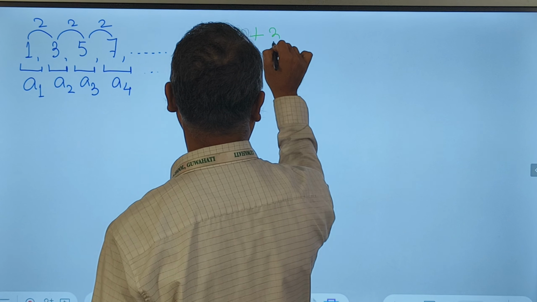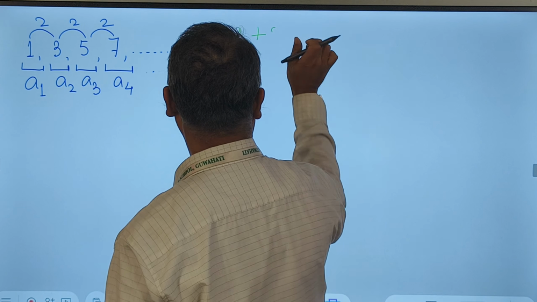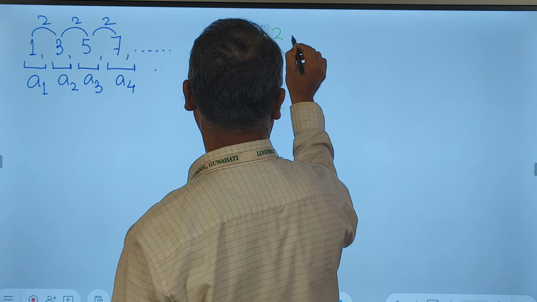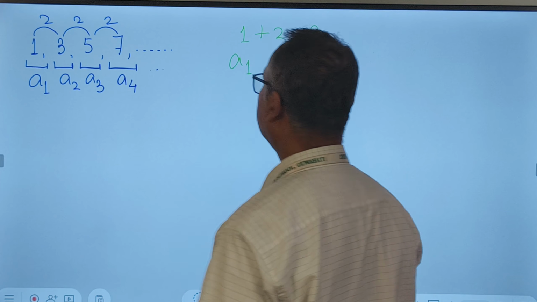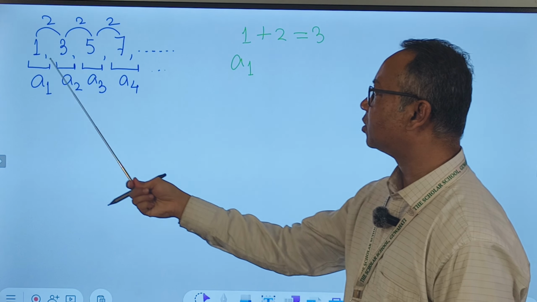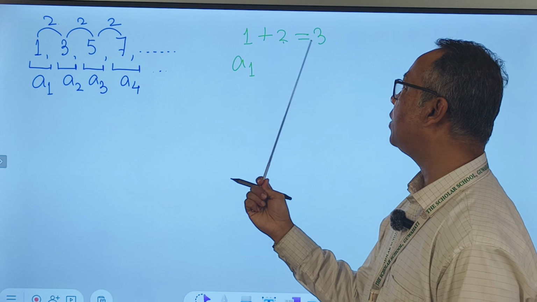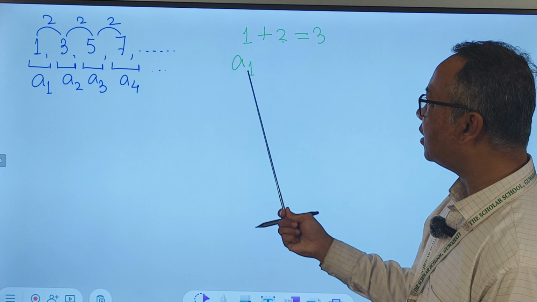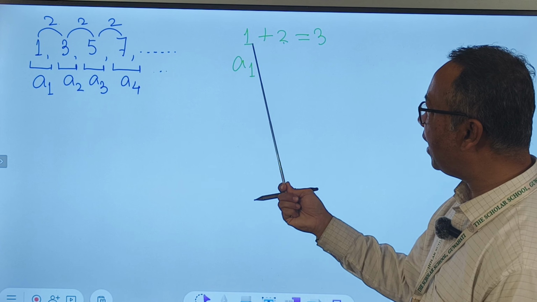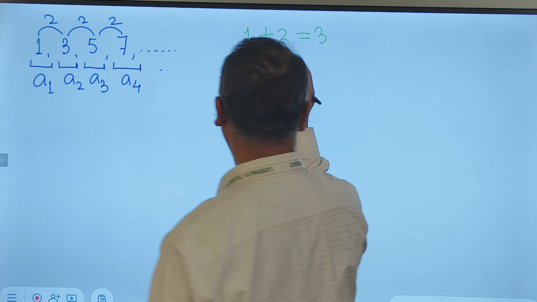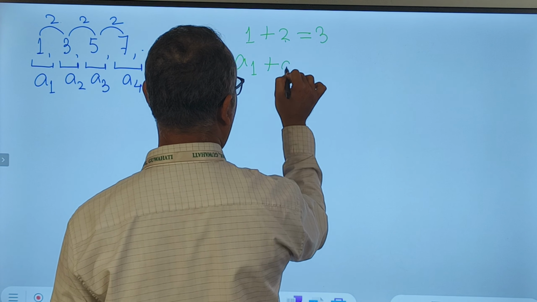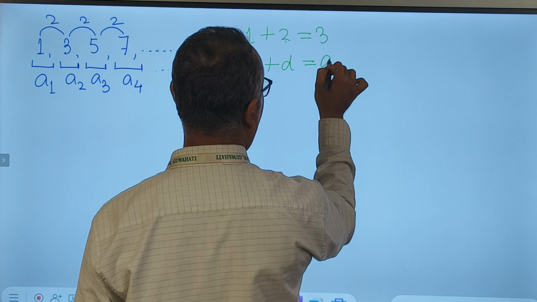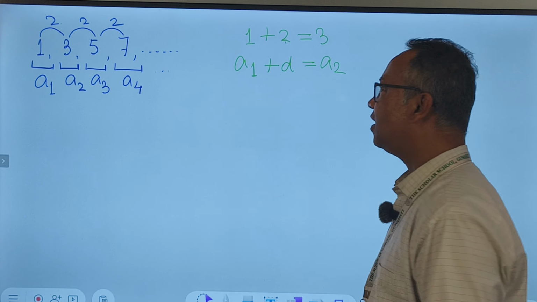If we add the difference, which is 2, we get 3. So if we add the difference to the first term, we get the second term. The first term we represent by A1, and adding the difference, we get the second term.